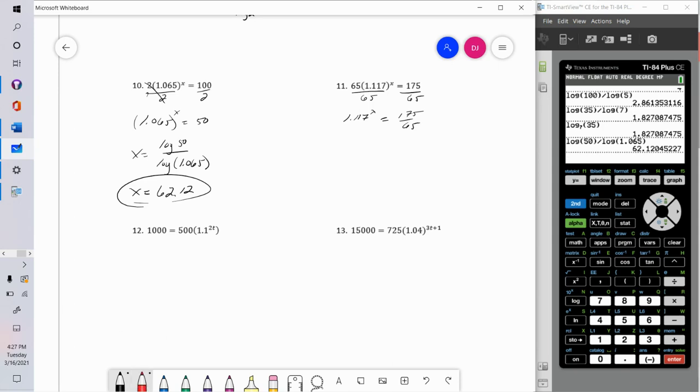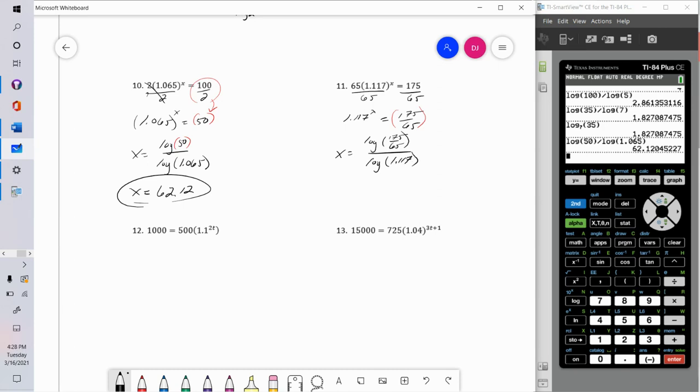Over here on the left, number 10, I did do 100 divided by 2 and get 50, and then found the log of 50. Over here, I don't feel like going to my calculator, doing the division, writing it down, re-entering it, and I don't need to. X will equal the log of the 175 over 65 divided by the log of 1.117.